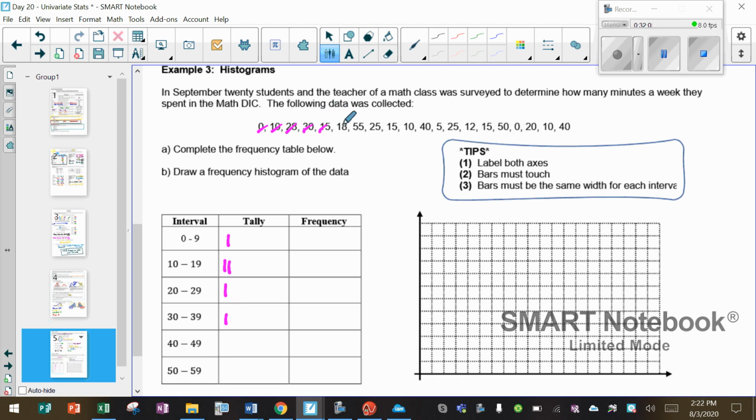And then a 15, an 18, 55, 25, 15, 10, 40, 5, 25, 12, 15, 50, 0, 20, 10, and 40.